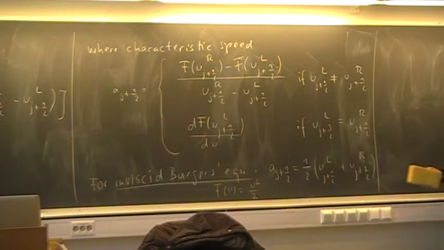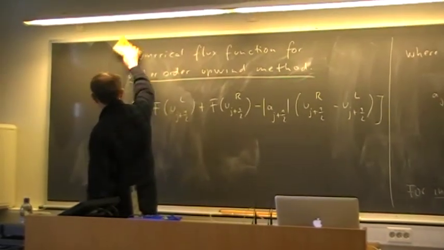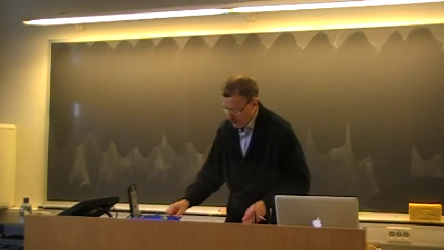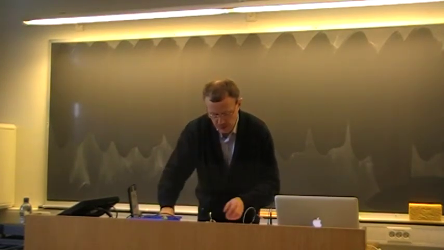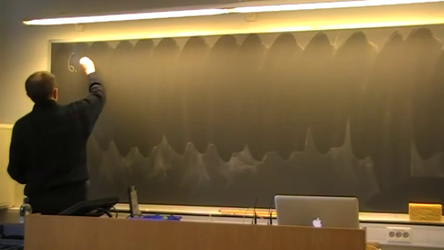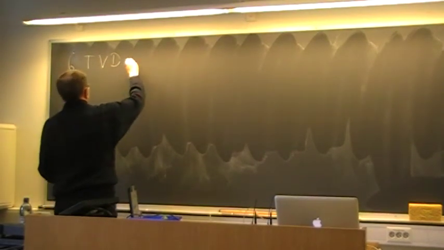Therefore we should use a time discretization that has a larger stability domain. So that is getting us now into time discretization, the TVD Runge-Kutta method.